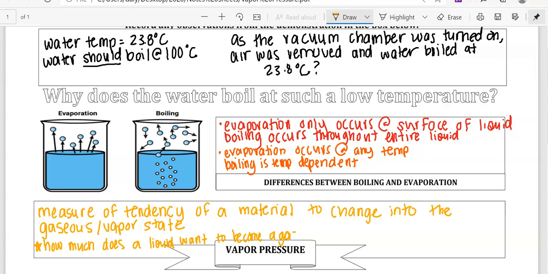So if, for example, you have a really high vapor pressure, then that means you have a high tendency to become a gas. The higher the vapor pressure, the more likely the substance is to become a gas.